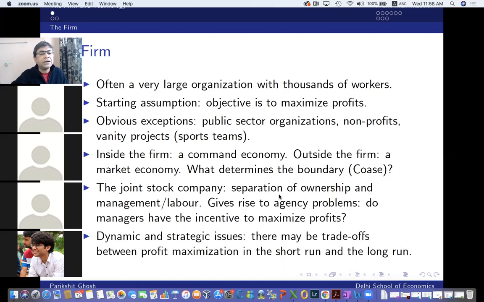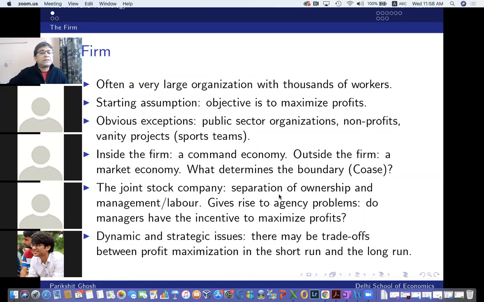For example, if they're paid largely in stock options, then when the company does well and its value increases, the manager also gets higher pay, and that may bring the interests of the two parties closer together.